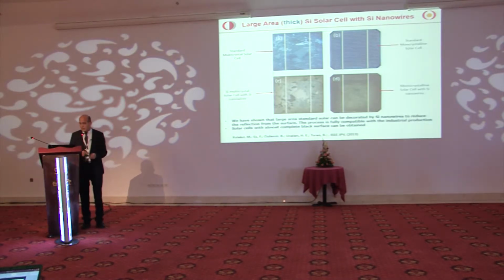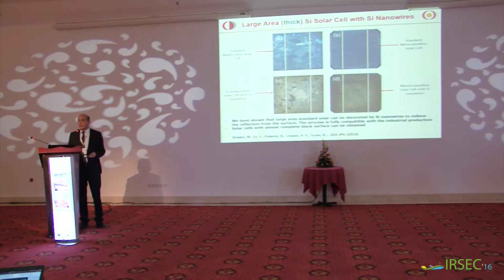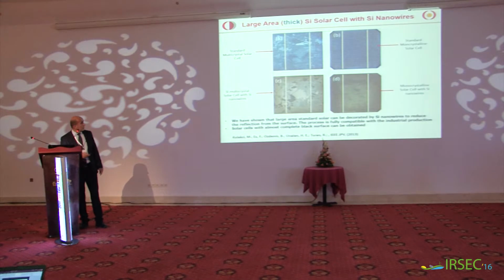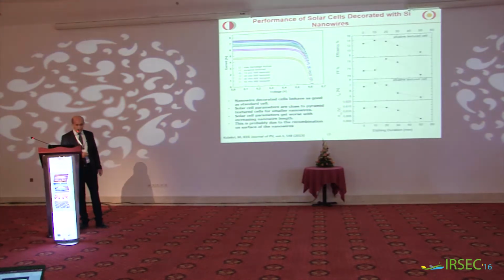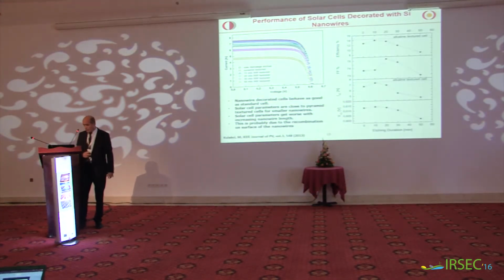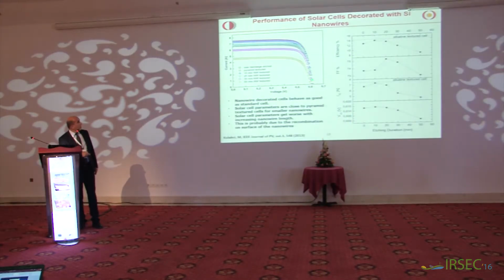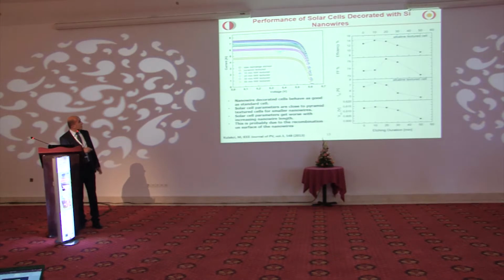This is possible. But the question, of course, is the performance of the cells, how they are reacting to this structure on the surface. Here, you see the IV curves and also the performance parameters of the cells. And the IV curves are looking good.